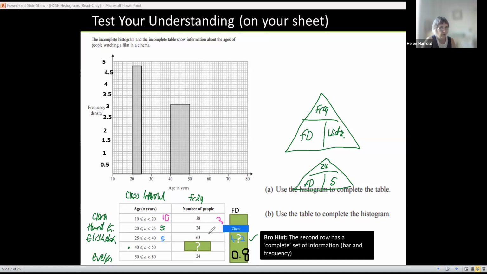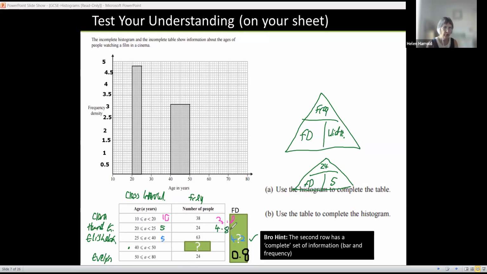So do you want to divide? Have you got a calculator? That's it. And you've got 24. That's right, Evelyn. Good. So you got 24 divided by 5, Hannah. So you got 4.8 there.